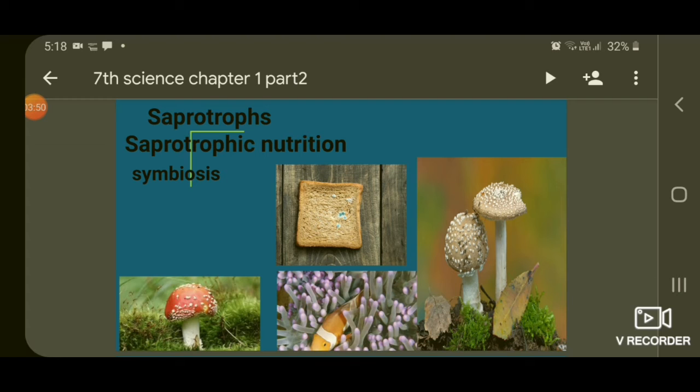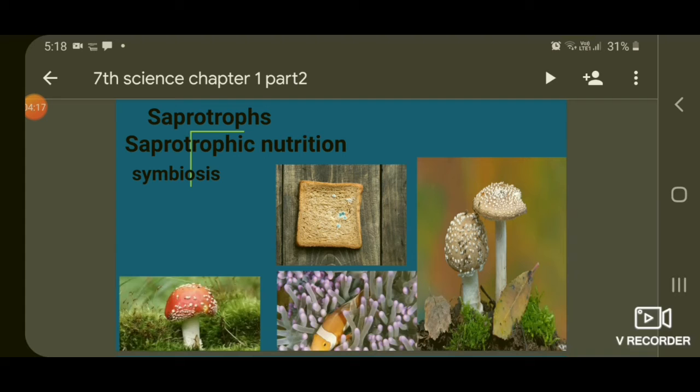That is the mode of nutrition in which an organism takes in nutrients from dead and decaying matter, called saprotrophic nutrition. Such organisms with saprotrophic nutrition, we call saprotrophs. Can you understand, students? Means which grows on dead and decaying matter.